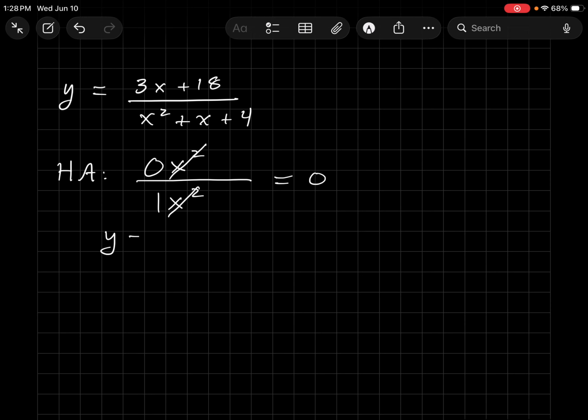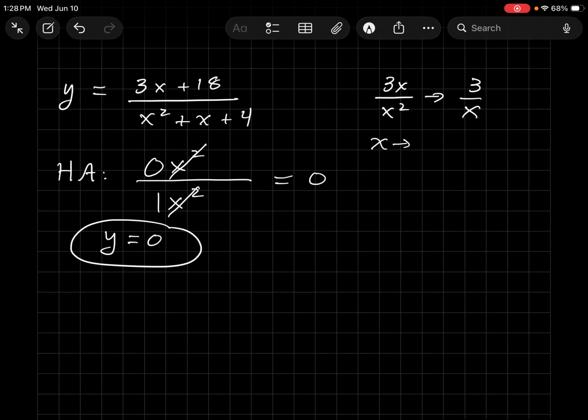So the horizontal asymptote is y equals 0. Or the other way, taking the actual highest powers with their coefficients and then simplifying, I get 3 over x. But since there's an x left over, I pretend x equals infinity. And either way, I get the same answer.